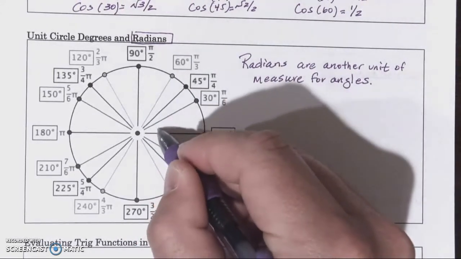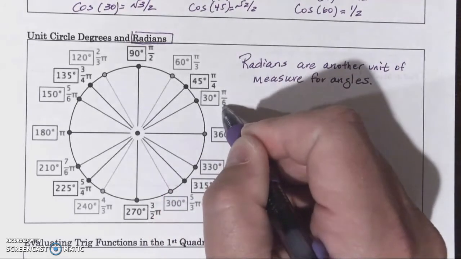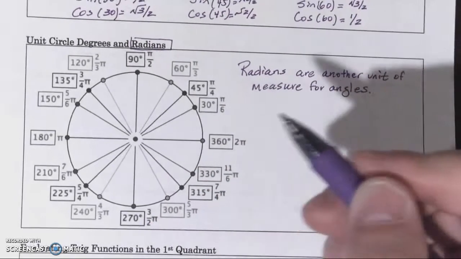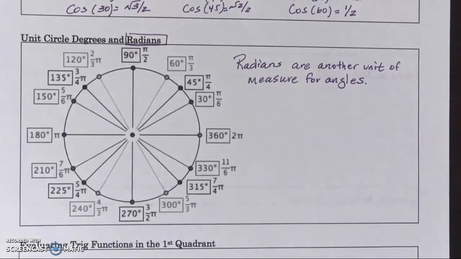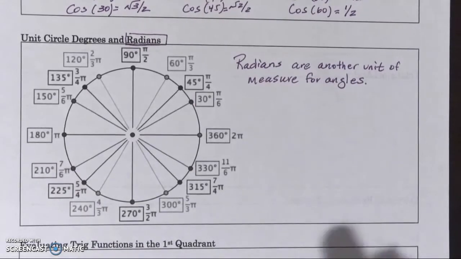This is a 30-degree angle, but it's also a pi/6 radian angle. Just like you could measure the length of something in both feet and centimeters, the American measurement system or the metric system, similar type of thing. We can have an angle measure in degrees or in radians, just a different unit.